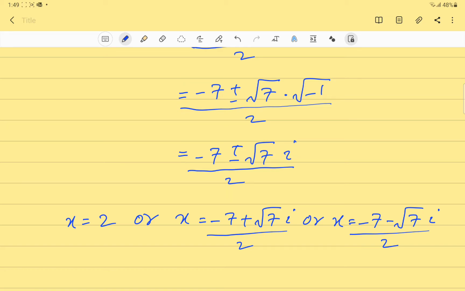Okay, now since this one is a radical equation, we have to check all the roots to see if they are satisfying the equation or not. So let's check them one by one.